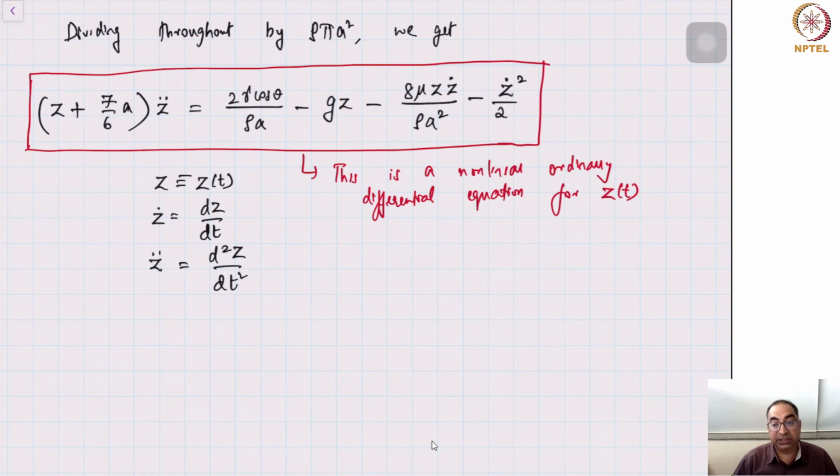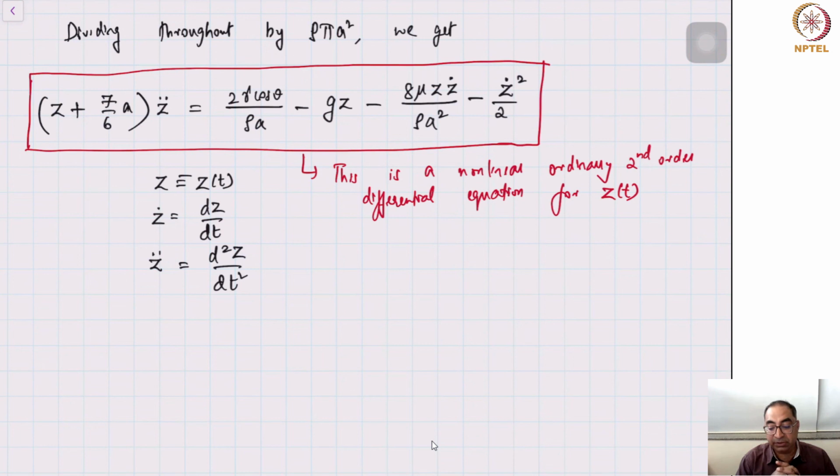So if I know two initial conditions, which is because it is a second order nonlinear ordinary differential equation. Okay. Now, I require two initial conditions to solve this equation. So typical initial condition would be to say that at t equal to 0, Z is 0. And the other initial condition would be at t equal to 0, z dot is also 0, which means that the fluid is rising with a constant velocity.